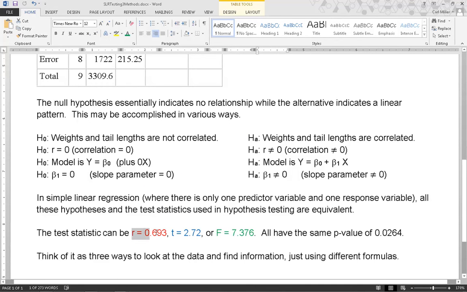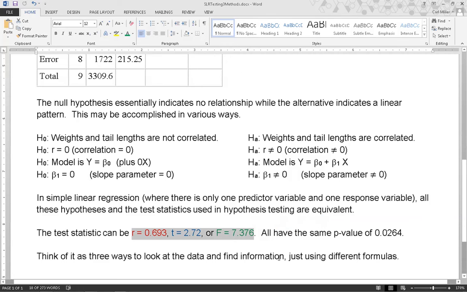Just realize that any of these can be used, and there are three ways of calculating information in the data that may support the idea of a linear pattern between your x and y variables. But they're all going to have the same p-value, and you're going to draw the same conclusion no matter the method you use, as long as you're in the type of equation that we're looking at with just one predictor and one response.